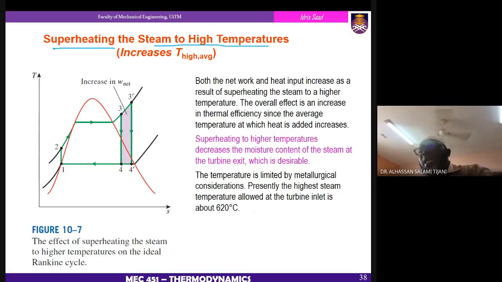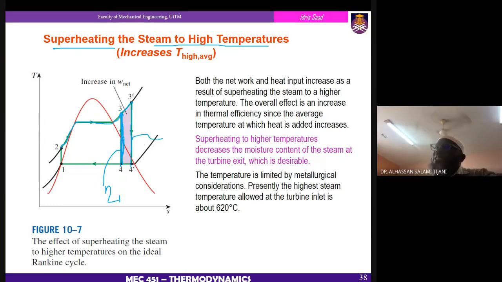Also, if our initial heating process is this, you heat the fluid from state 2 all the way to state 3, and then you expand it. Due to this expansion, you get a certain efficiency, let's say efficiency number 1. But if you continue to increase the superheat, then there will be more work output.